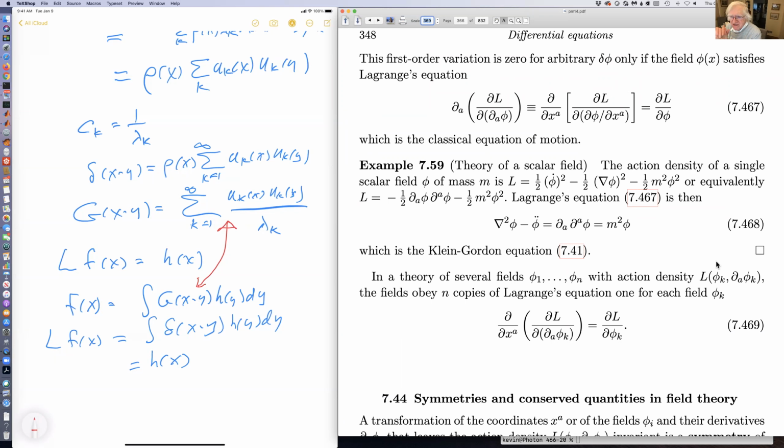The simplest case is a single scalar field. By the way, I'm used to working in units where h bar and c are equal to 1, and very often I lapse into that notation without telling anybody.